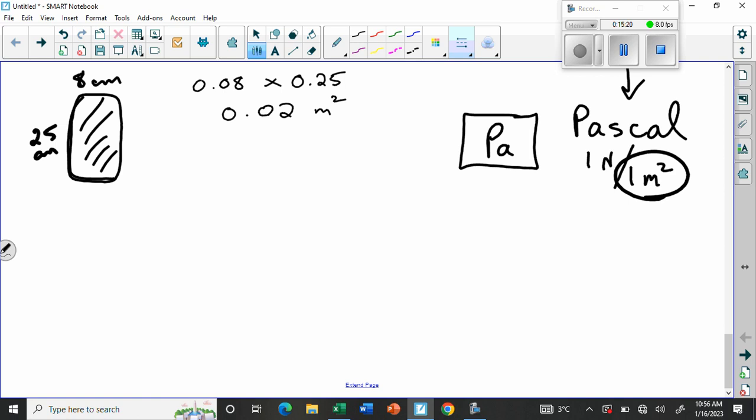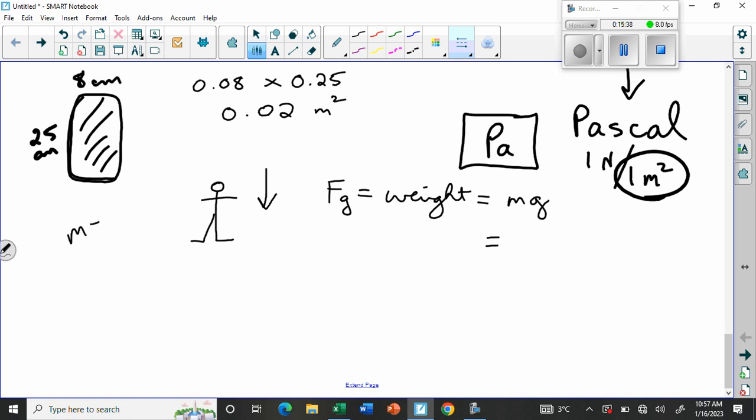So now we can think about you standing up. Your weight is the force down, which is the force of gravity. So the force of gravity is the weight, and we know how to calculate that. It's mg. So let's say that you have a mass of about 30 kilograms. We put 30 kilograms, and of course g is 9.8, and then you can multiply that out, and that comes out to 294 newtons.